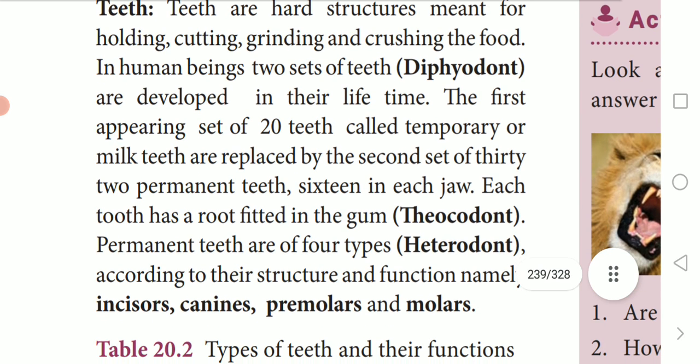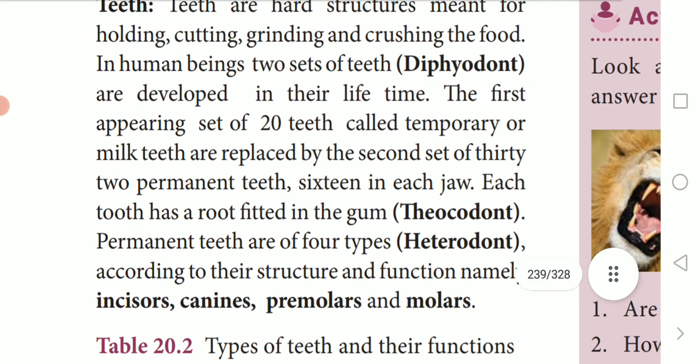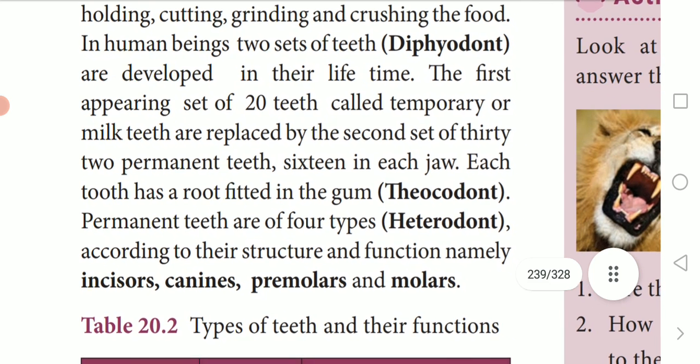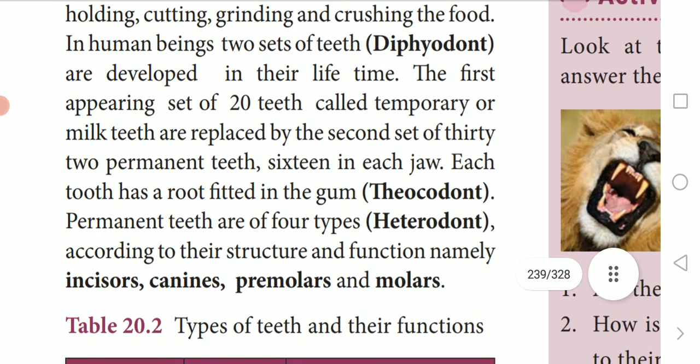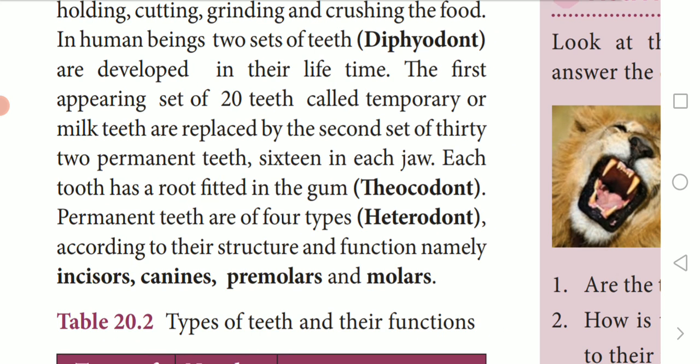The first appearing set of 20 teeth are called temporary or milk teeth. Underline this; they will ask what temporary or milk teeth are. Milk teeth are replaced by a secondary set of 32 permanent teeth. So the two sets of diphyodont are milk teeth, also called temporary teeth, and permanent teeth.